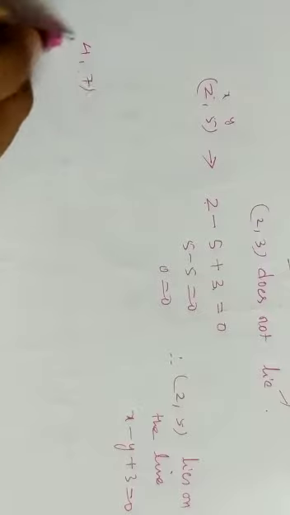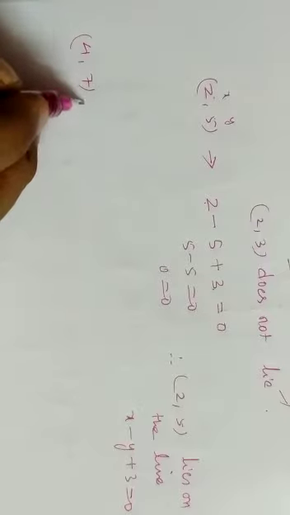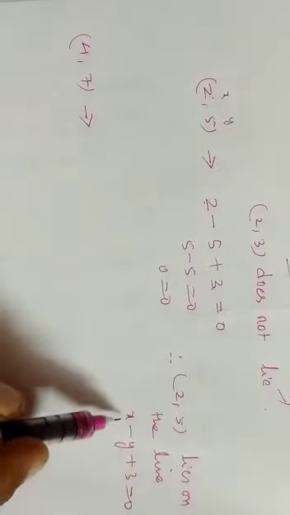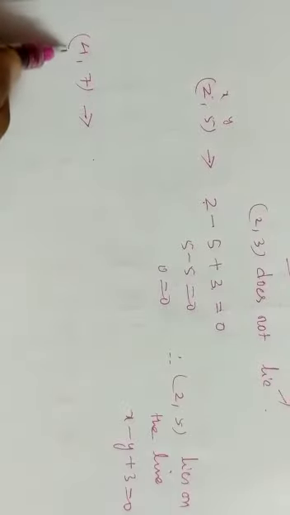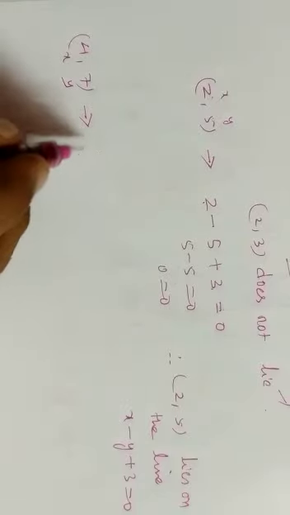(4, 7) lies or not? On which line? On the same line. Now we will check whether this point lies on the line or not. In the place of x, replace 4, and in the place of y, 7.